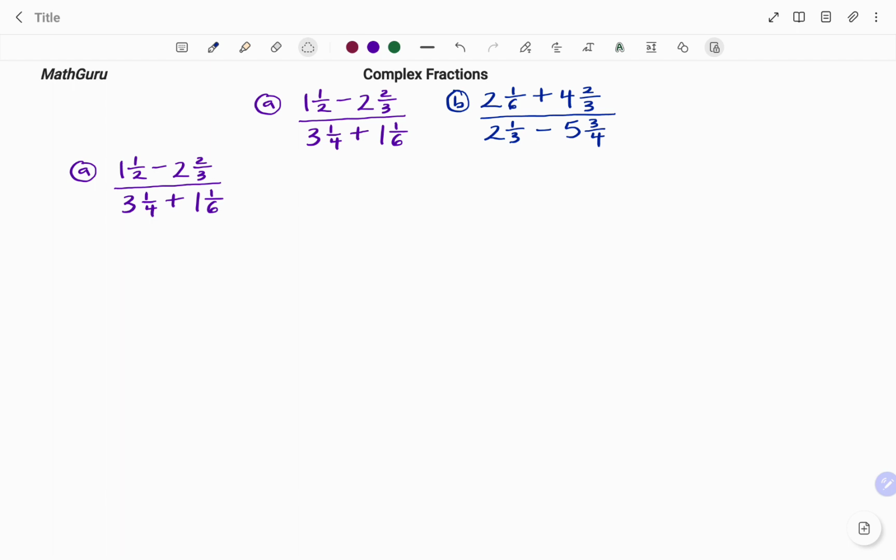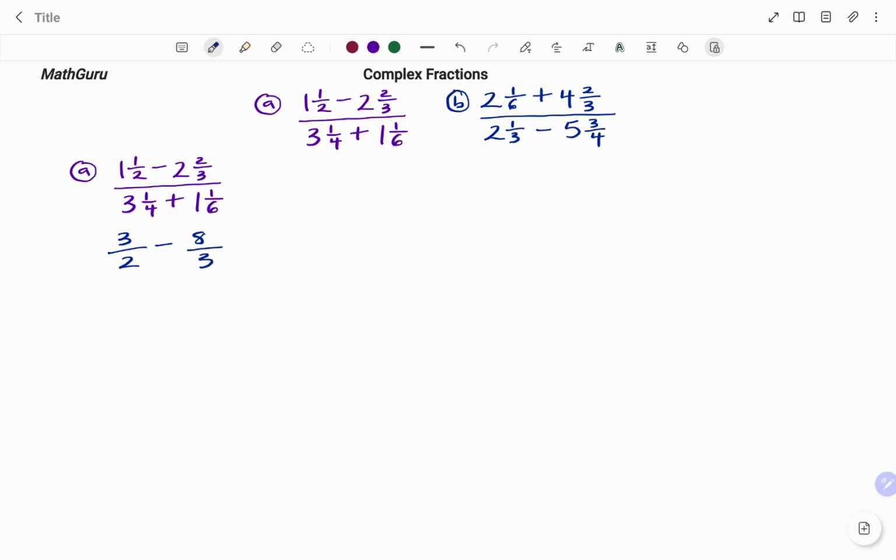So for the first one, 1 1/2, that will be 1 times 2, that's 2, plus 1, 3. So the first term will be 3 over 2 minus, for the second term, I have 2 2/3, that's 2 times 3, that's 6, plus my numerator 2, that's 8 over 3.